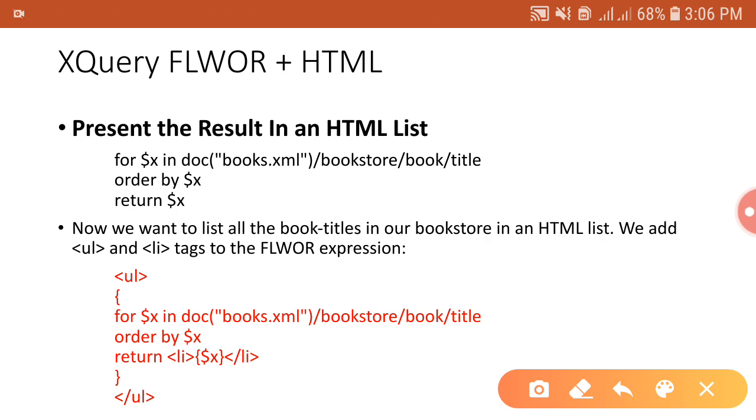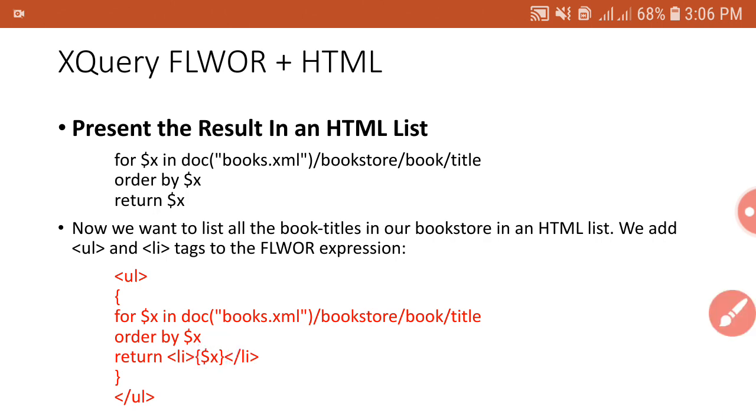So here each book title stored in variable x is enclosed in li tag. This way you can enclose all the titles in li tag, and present your result in HTML tags. In x there will be titles, so all the titles will be in li tag.